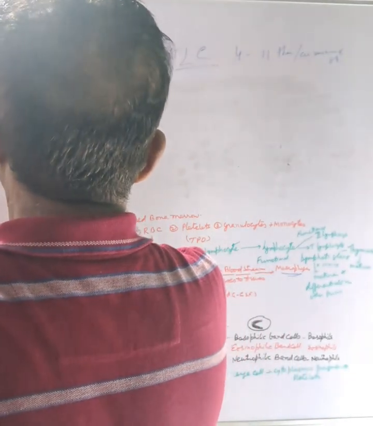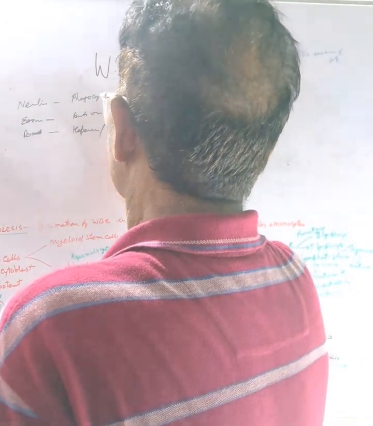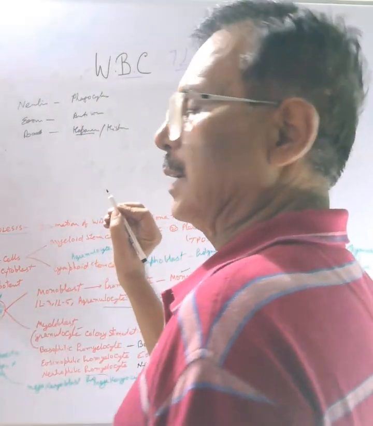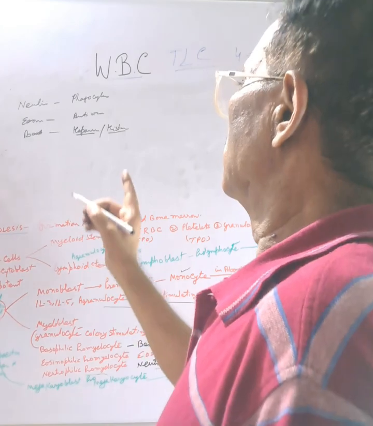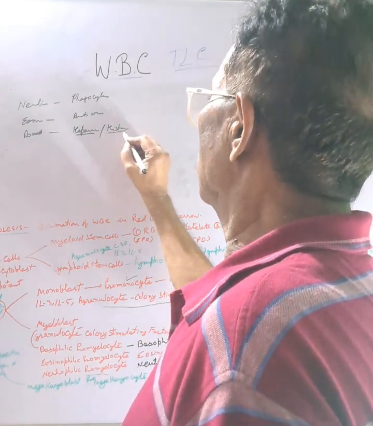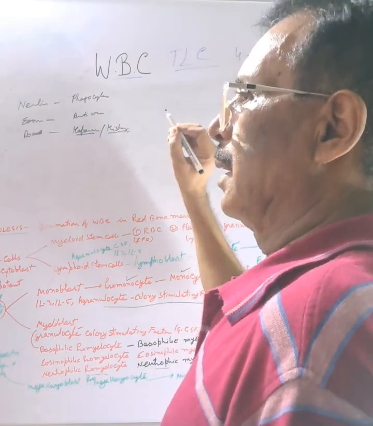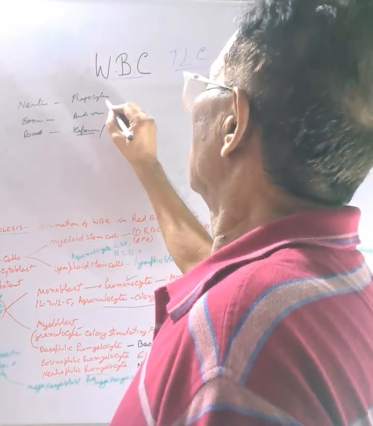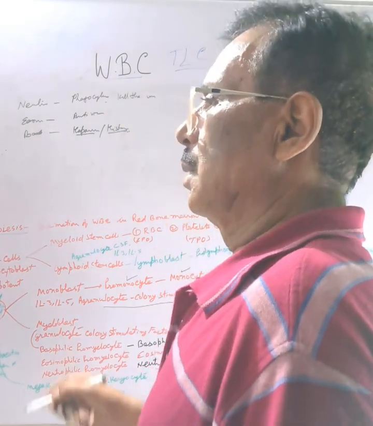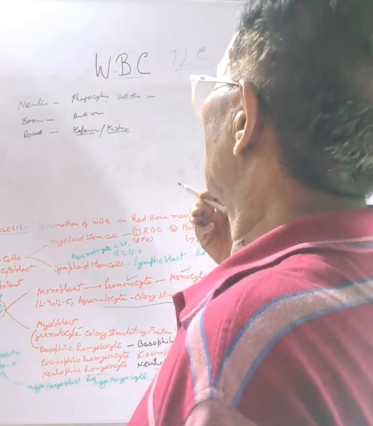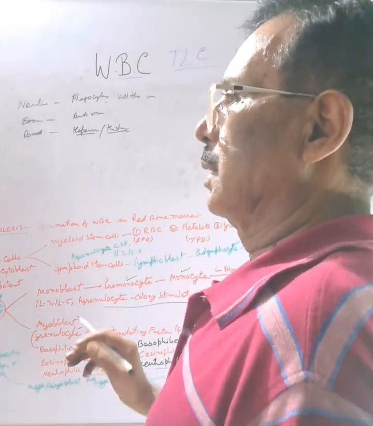Basophils contain heparin and histamine. Heparin is a natural anticoagulant and histamine is involved in inflammation. Neutrophil phagocytic action kills the invading organism by oxidative process and aerobic and non-aerobic processes.